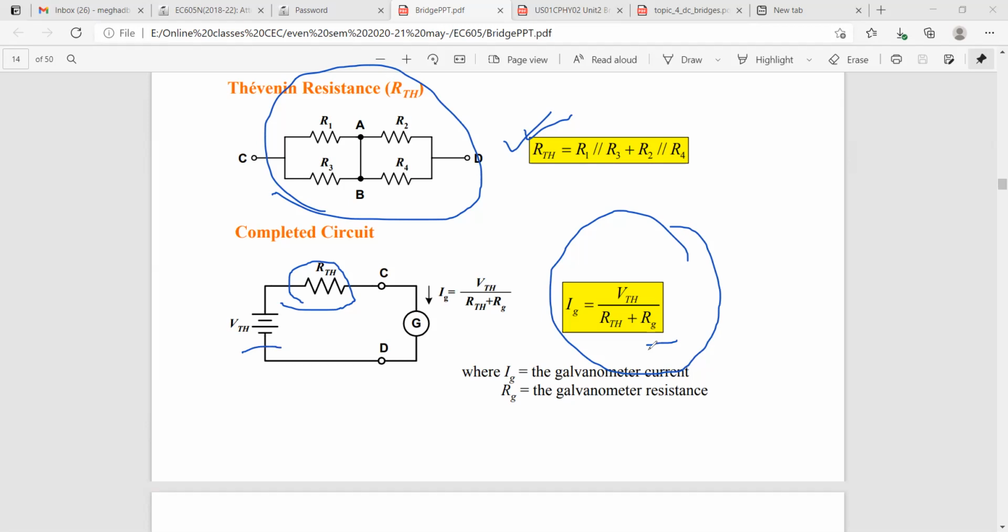What is RG? RG is the galvanometer resistance. So this is the application of Thevenin theorem in a galvanometer to find the current. To find the current, you need all three things: the Thevenin voltage VTH, the Thevenin resistance, as well as the galvanometer resistance. We can apply this formula in particular question problems.